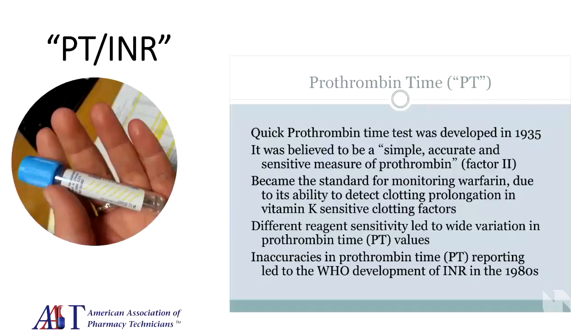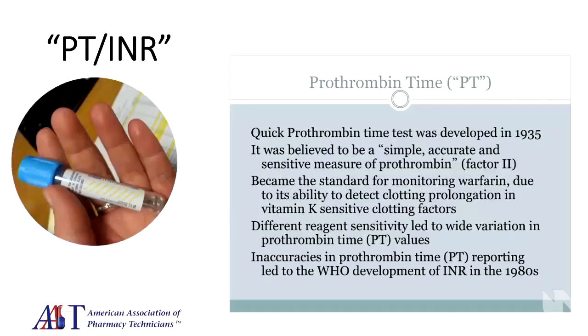And what I had learned in pharmacy school was a prothrombin time ratio. In other words, you would take your patient's prothrombin time, and then a therapeutic level was like 1.3 to 1.5 times the normal. The problem was that people identified that from one laboratory to another the prothrombin times could be very, very different.